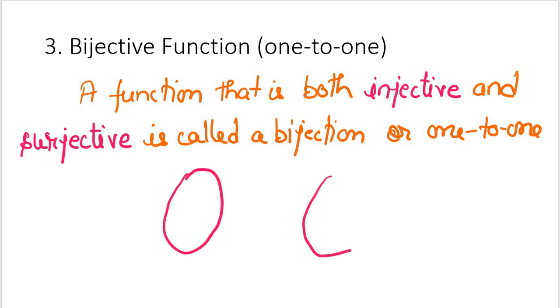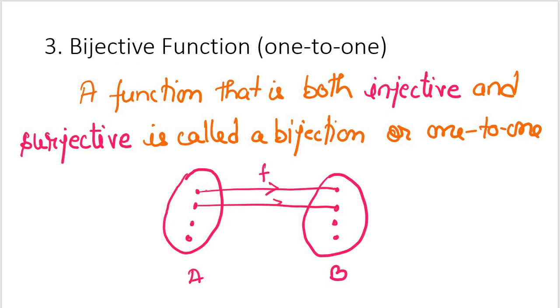So we might have got an idea from this that if I have A and B and I have my function f, then obviously let's say there are 4 elements, then there will be a one-to-one mapping.